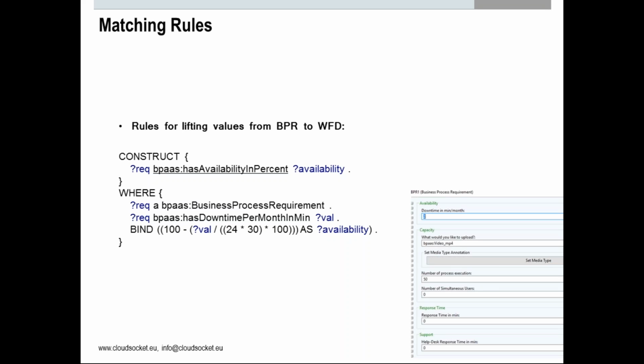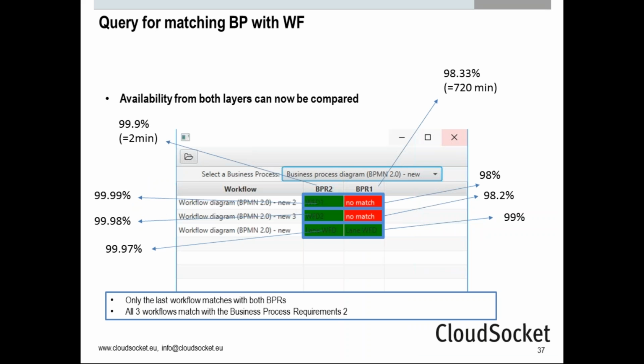So we have rules to lift the values from the requirements to the workflow descriptions. We check the requirements, collect the downtime, and then make the recalculation so that from the downtime per month we can calculate the value in percentage. In the end we will have a percentage, in this example, 99.9%.